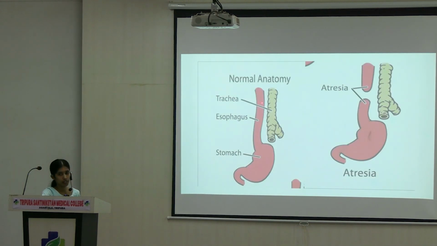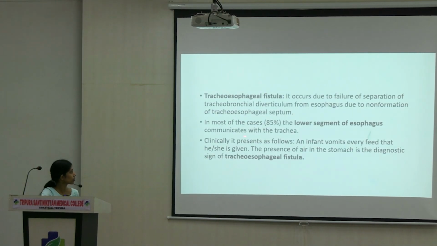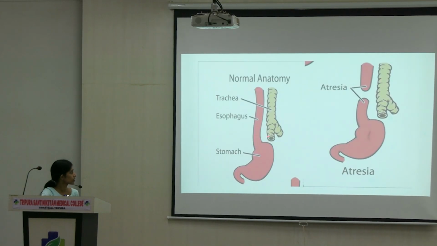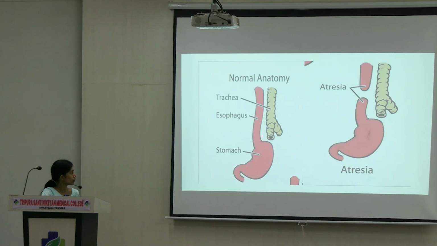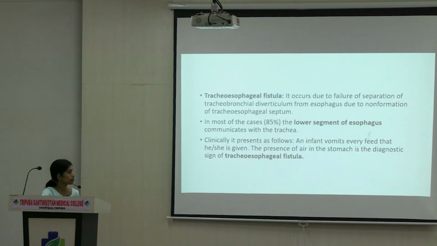So the food you take through the esophagus will reach your stomach, right? But here I mentioned the lower segment of the esophagus is communicating with the trachea. So somewhere this lower part is communicating with the trachea. So instead of food, the air you are taking in through the trachea is entering your stomach region.